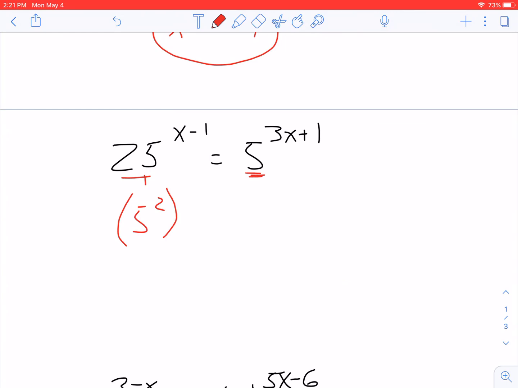So if I rewrite the 25 as 5 squared, but leave everything else the same, I now have the following equation, from which I can apply the power to a power principle, which tells me to multiply. So this would be 5 to the 2x minus 2 equals 5 to the 3x plus 1.